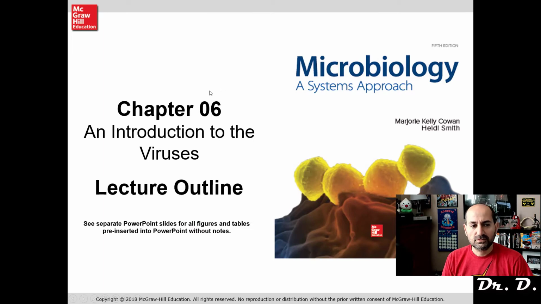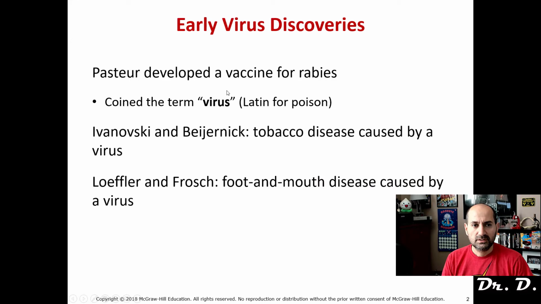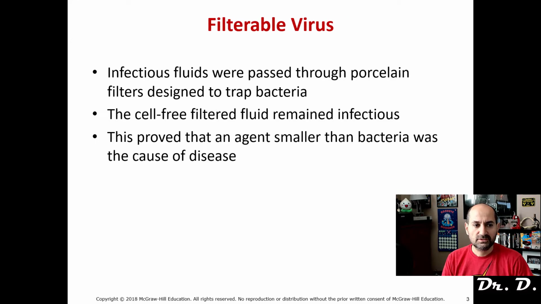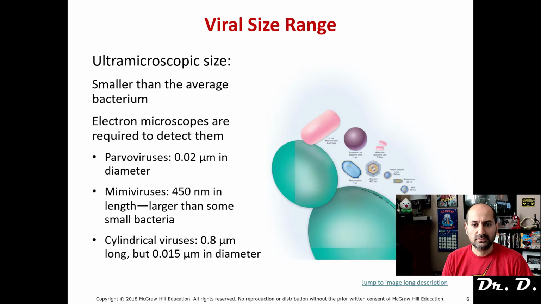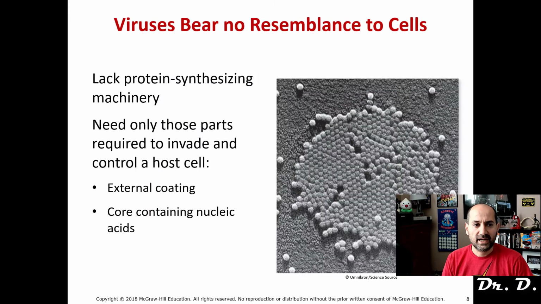All right, so starting with chapter 6, we're looking at viruses. You should definitely know what a virus is, and that you have the DNA part, and then you've got the capsid part, and that constitutes the nucleocapsid, right?